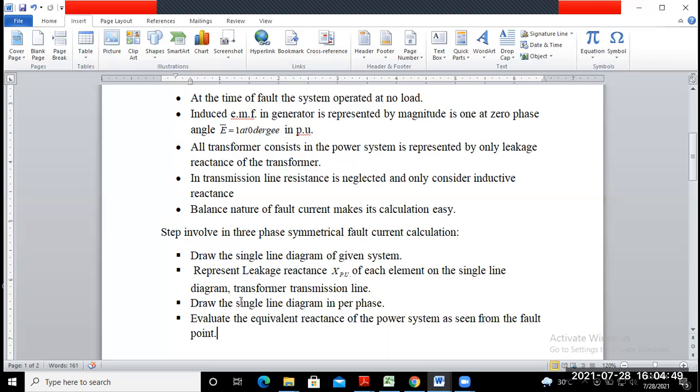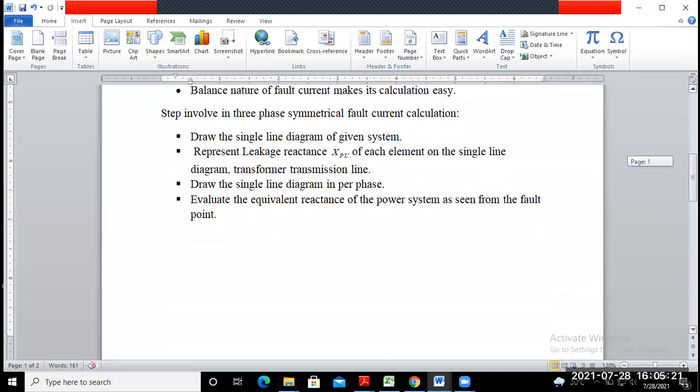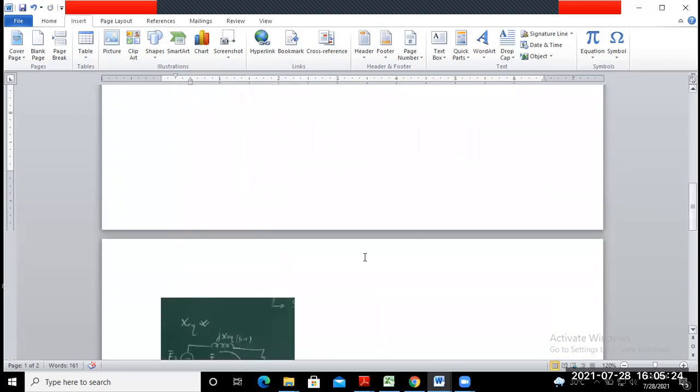So the symmetrical single line diagram is also drawn as a per phase diagram, and then you represent all the parameters, whether for the transformer, transmission line, or whatever. When you follow this procedure, your system will look this way, and the final representation of the single line diagram looks something like this.